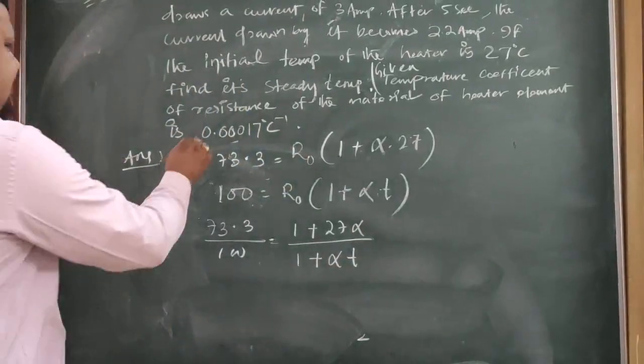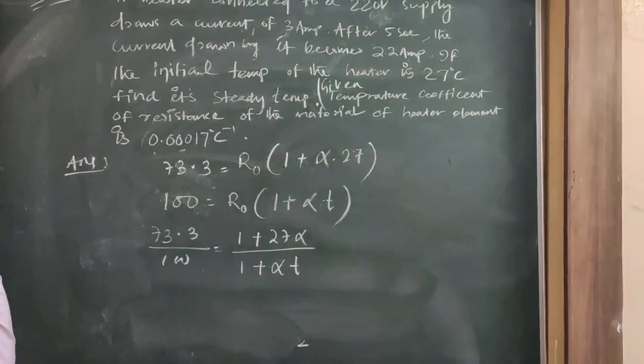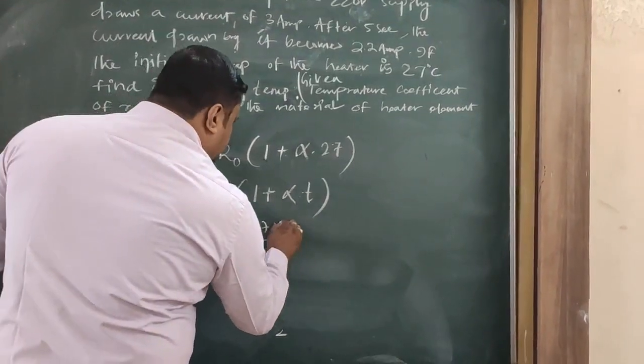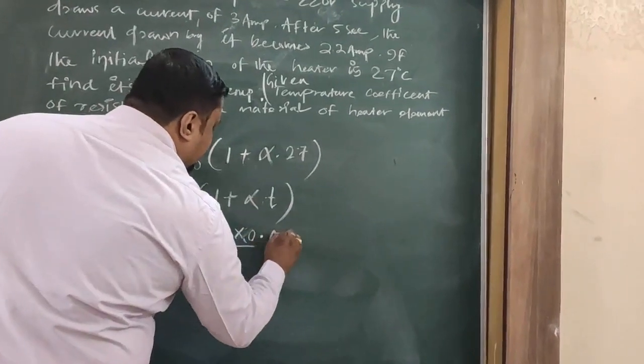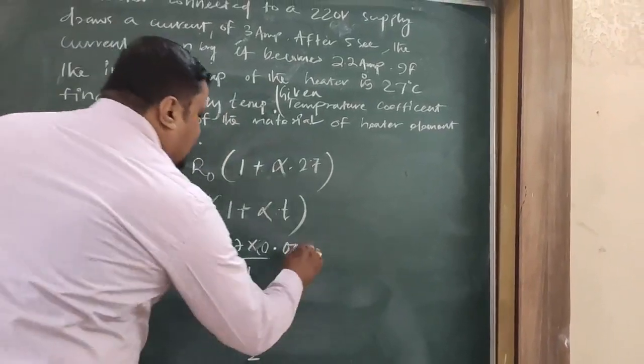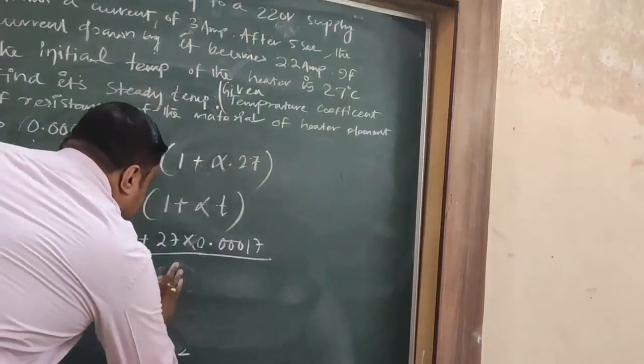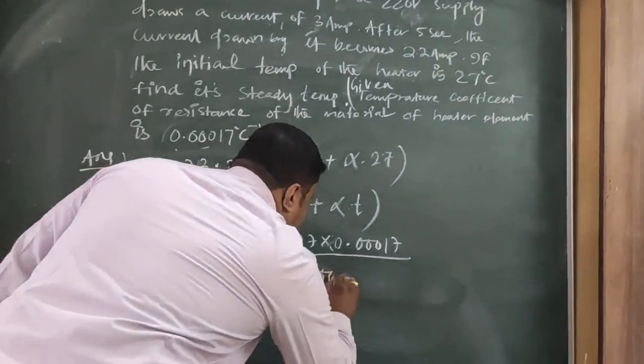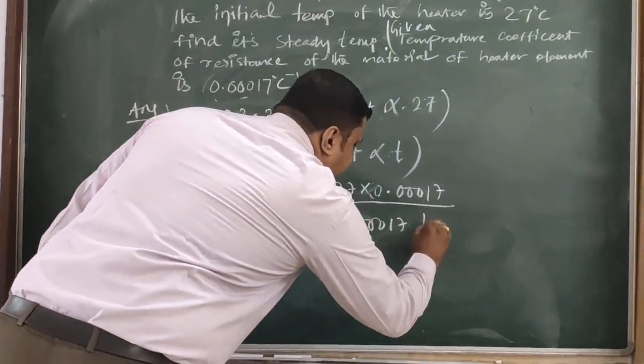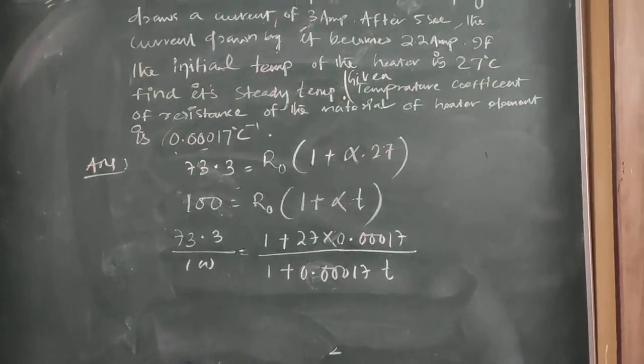Your alpha value is given as 0.00017, so we put that in.